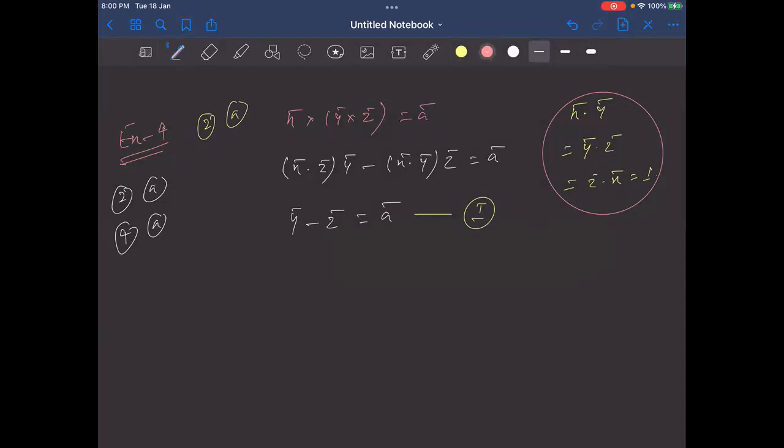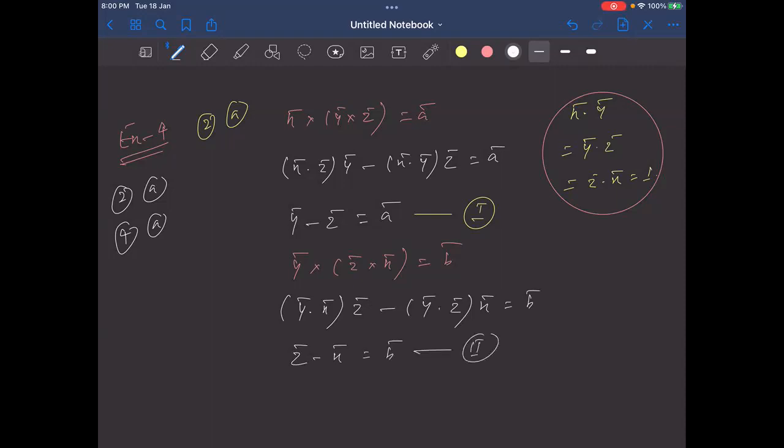What about the second equation? That is y cross. What do we get? Okay, tell me both equations. Tell me something, are both equations correct?